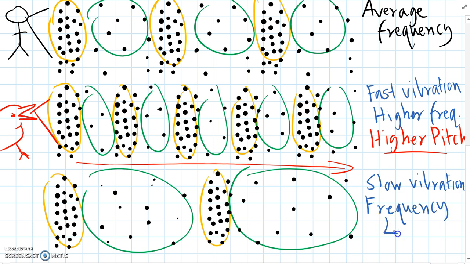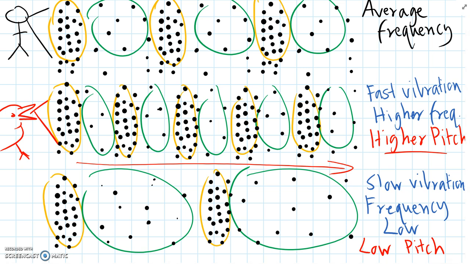The frequency is low. And then the sound that we hear, if it looks like this, is going to have a low pitch. It will sound lower to us when we hear it. Something that might make this could be a bass drum. When a bass drum gets hit, the vibration is slow and we hear it as a low pitch sound.